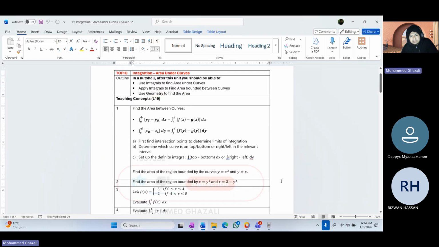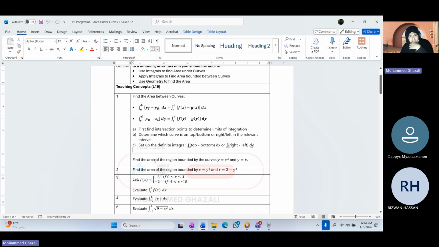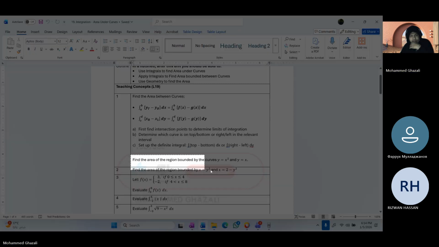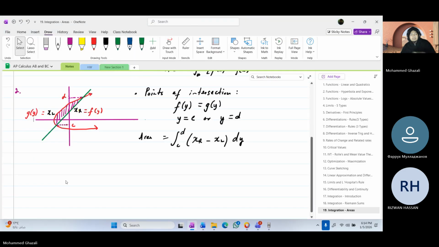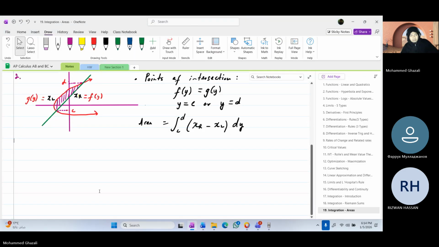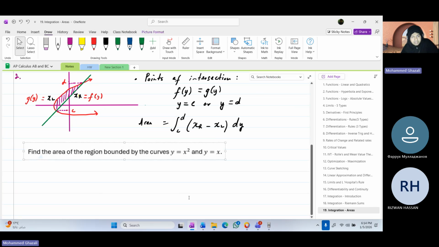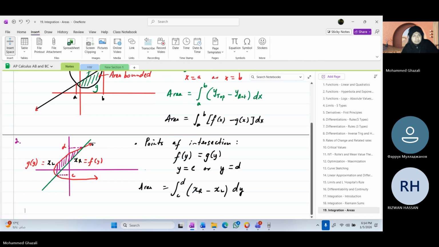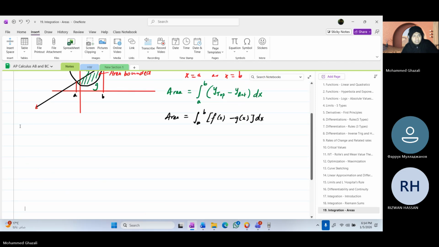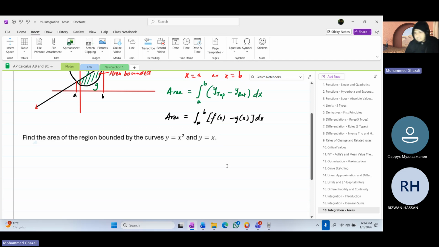Right, so let's take this example. Example one: find the area of the region bounded by the curves y equals x squared and y equals x.